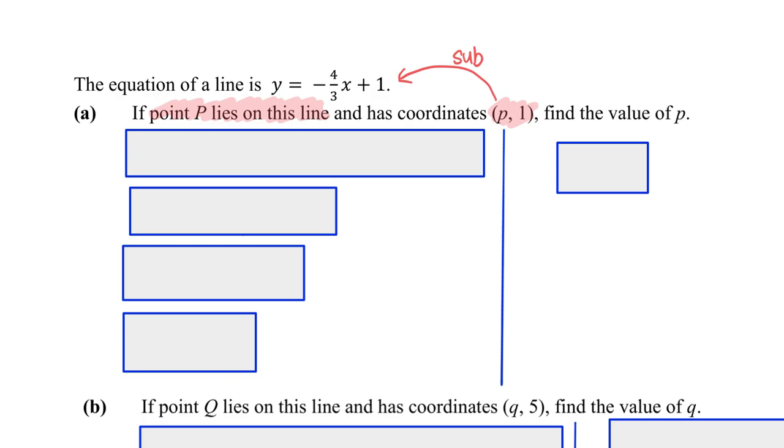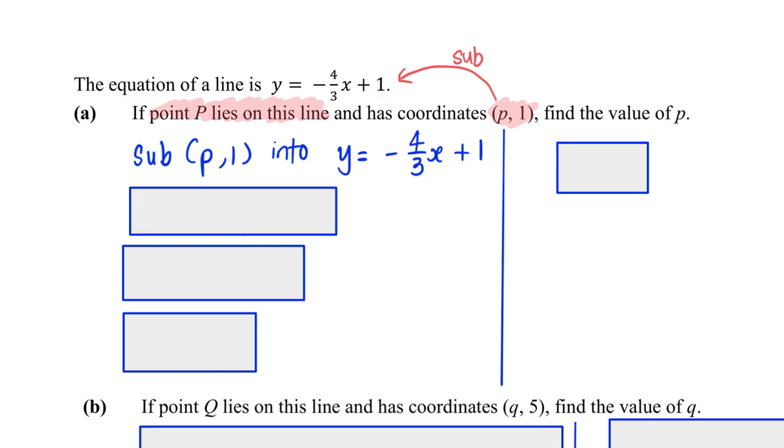So you will then see my first working as substituting it. How do we substitute it? My P will be my X, my 1 will be my Y. You will then see my X, I no longer write X anymore.